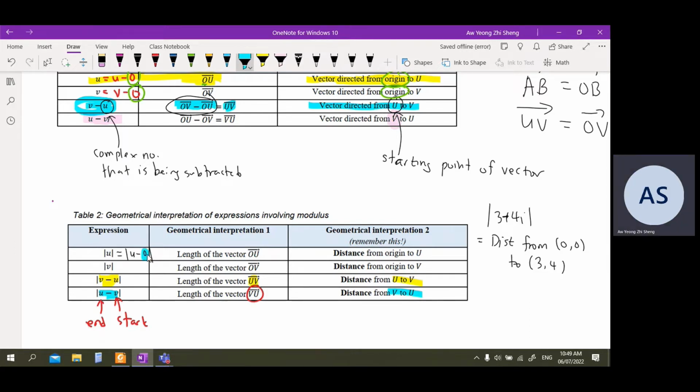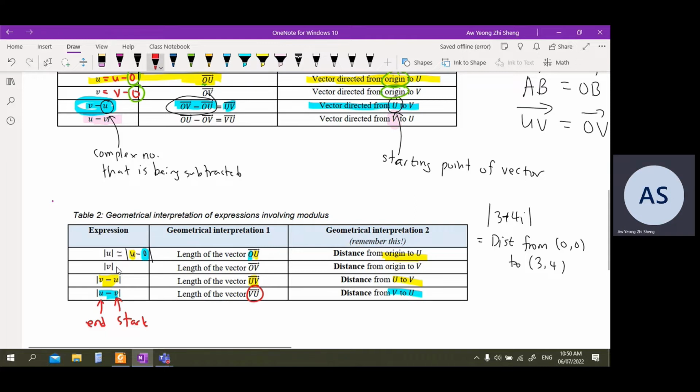This 0 here will become the starting point of the vector representation, while the u here becomes the ending point of the vector representation. Since u minus 0 is the vector OU, it makes sense to treat modulus of u minus 0 as the length of the vector OU, or simply the distance from origin to u.